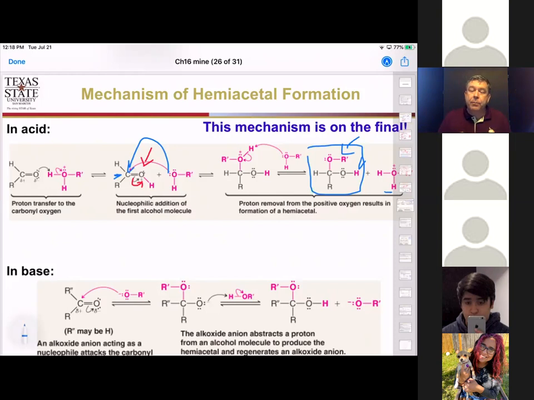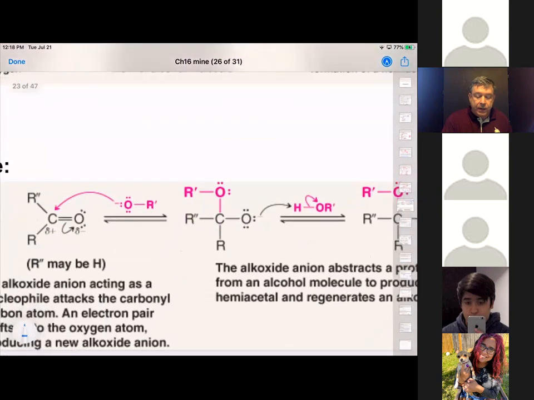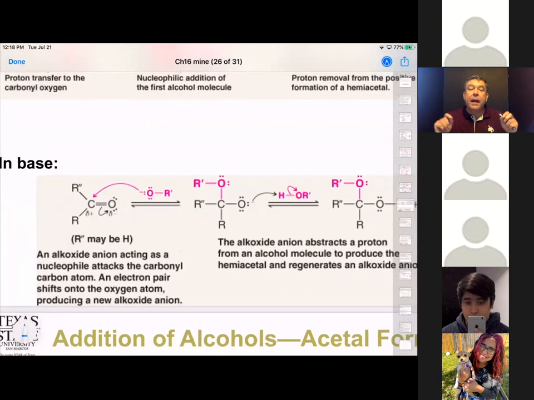So we don't have to protonate that oxygen to make the carbon more positive. We now have a negative charge on oxygen. Those electrons can reach out and form that new sigma bond with that carbonyl carbon, and then we have the charge residing on that carbonyl oxygen.